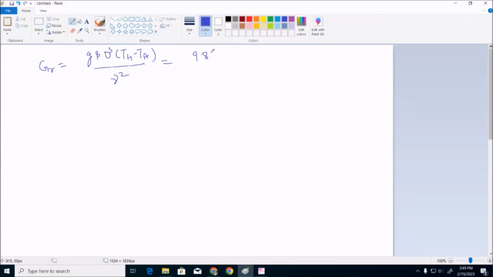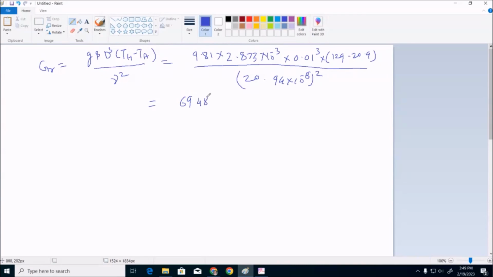G is 9.81 into beta is 2.873 into 10 to the power minus 3 into 0.01 cube into (129 minus 20.9) divided by kinematic viscosity 20.94 into 10 to the power minus 6 whole square. That gives 6948.274. So 7 is done. Now 8.